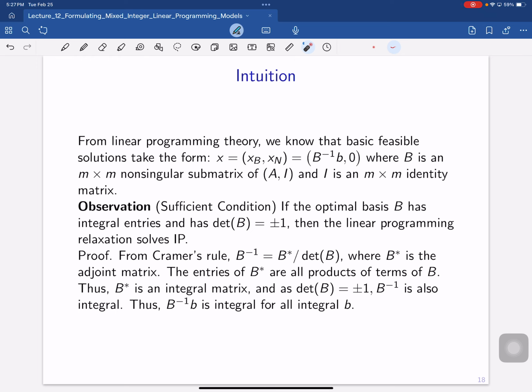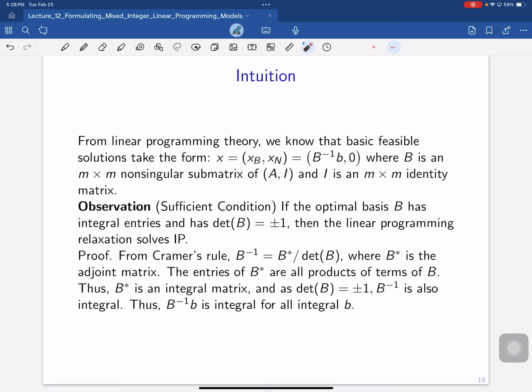And then if the determinant of B is +1 or -1, you are essentially dividing an integer matrix by 1 or -1, and then B inverse remains integer, right? Okay, and then if small b is an integer vector, then B inverse times b is integral, right?